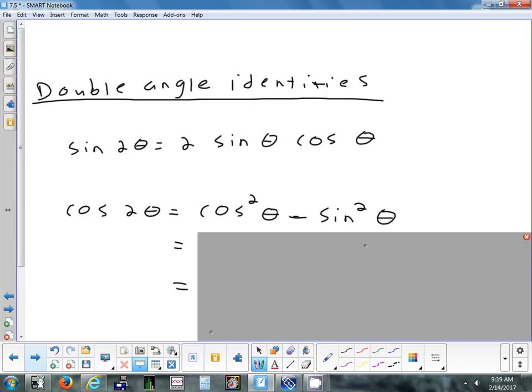It kind of looks similar to a Pythagorean identity, but that's not it. What's different in the Pythagorean identity compared to what's on the board here? This is subtraction. What's the Pythagorean identity? It's addition, yeah. So it's similar, but it's different.